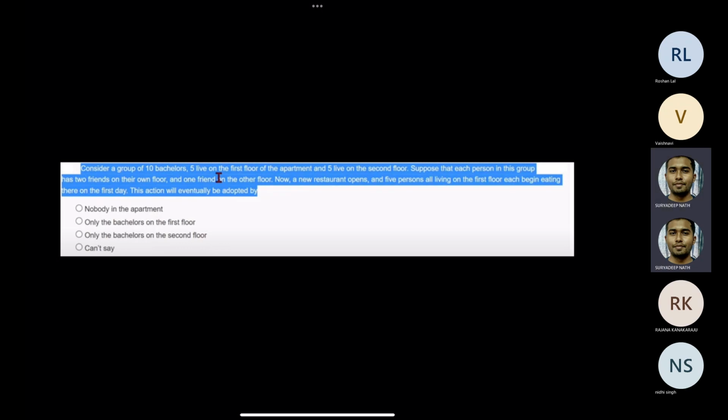I think the option would be can't say, because each person in this group has two friends on their own floor and one on the other floor. So for every person on the second floor who has not been to the new restaurant, will they adopt the idea or not?